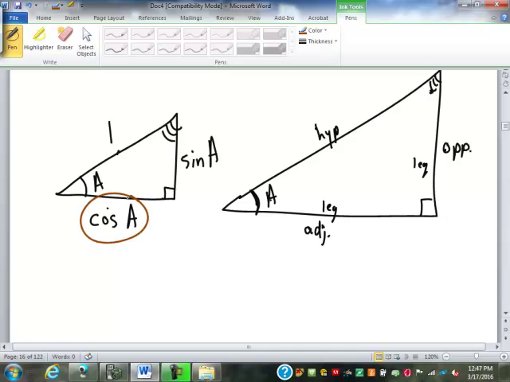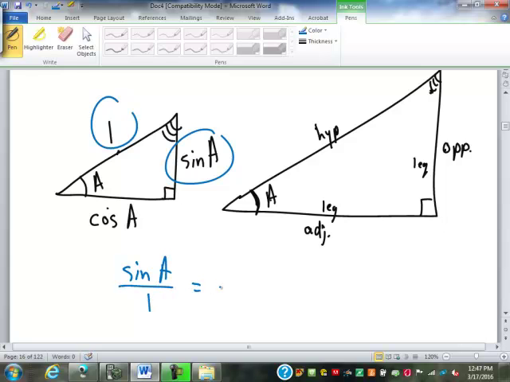So let's look at sine first. I'm going to look at the sine of angle A here, that side, and I'm going to compare it to its hypotenuse. The sine of angle A compared to its hypotenuse. In the other triangle, what side corresponds to the sine? That'd be the opposite side, wouldn't it? They're both that vertical piece.